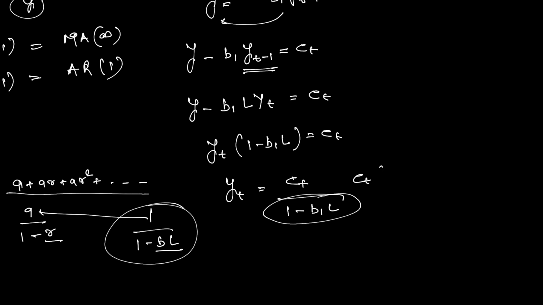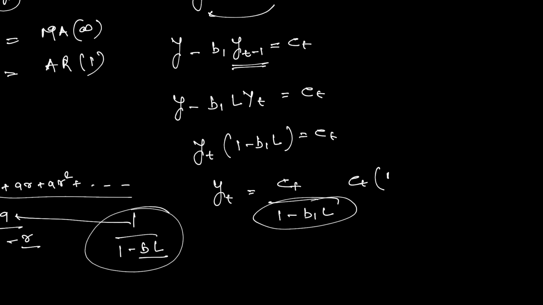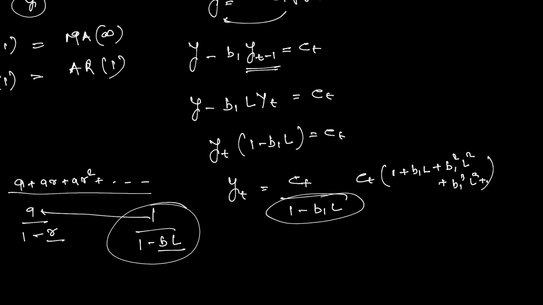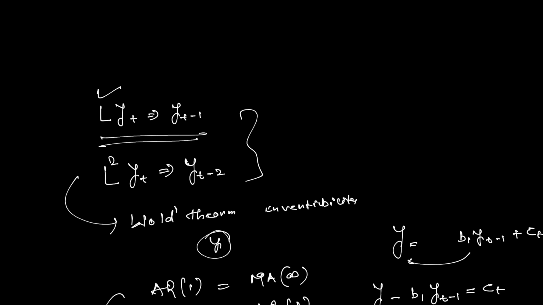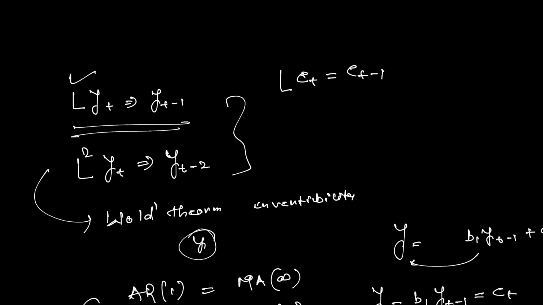So I can write it as et into, the first term is 1 here, so I will just write 1 plus b1 into L plus b1 square into L square plus b1 cube into L cube till infinity. Okay, so I converted it into this. So yt is equal to et. So I will multiply et with 1, then et with b1 into L. So when I multiply et with b1 into L, if I multiply L into et, it will become what? et minus 1.